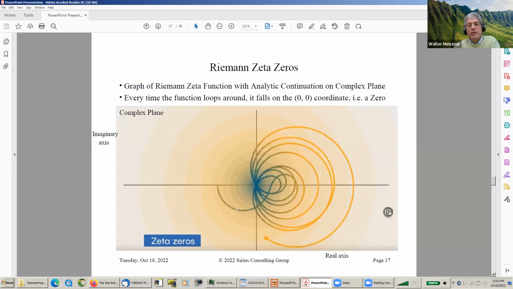It starts here and loops around, goes through a 0, loops around again, goes through a 0, loops around again, goes through a 0. And when it goes through the 0, the real part of S will be 1/2. And the question really is, does that happen in each and every case?